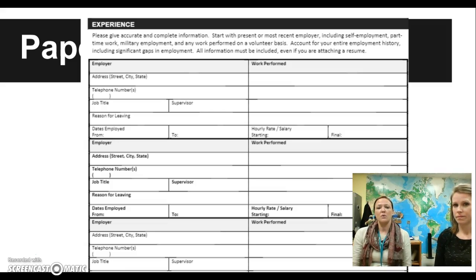The way I look at it is any information that you can provide on this page is better than nothing. So if you volunteered, babysat, or mowed lawns in your neighborhood, it's better to have something like that than nothing at all. What you're basically trying to establish here is some sort of work history and show them that you have the potential to be a really good employee.